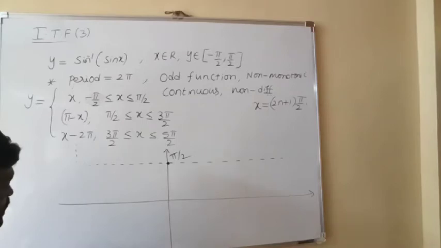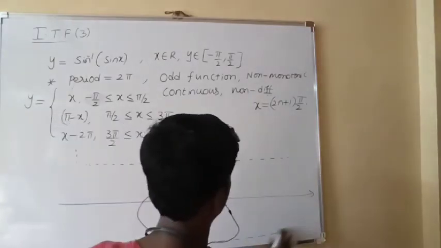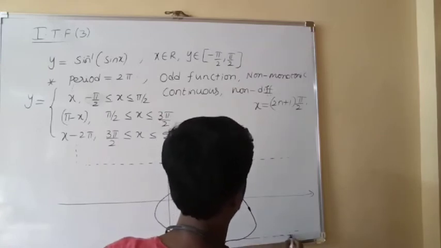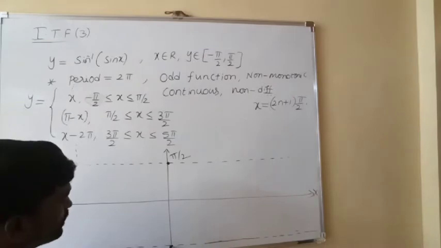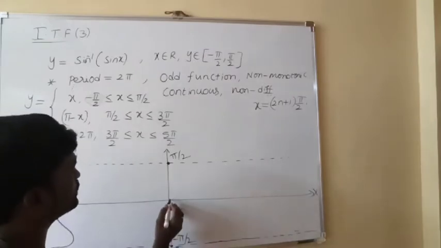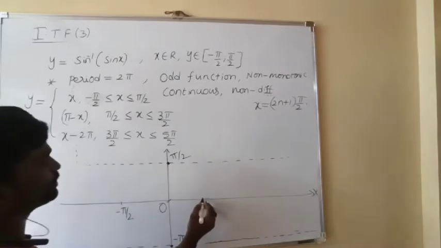Say this is minus pi by 2. This line is y is equal to minus pi by 2. X axis. So this is minus pi by 2. And this is 0. So minus pi by 2, pi by 2.